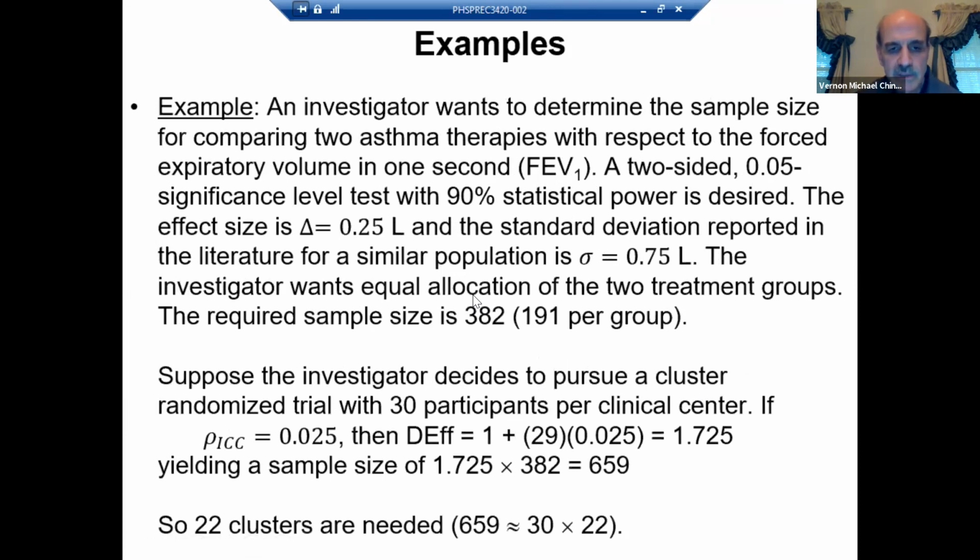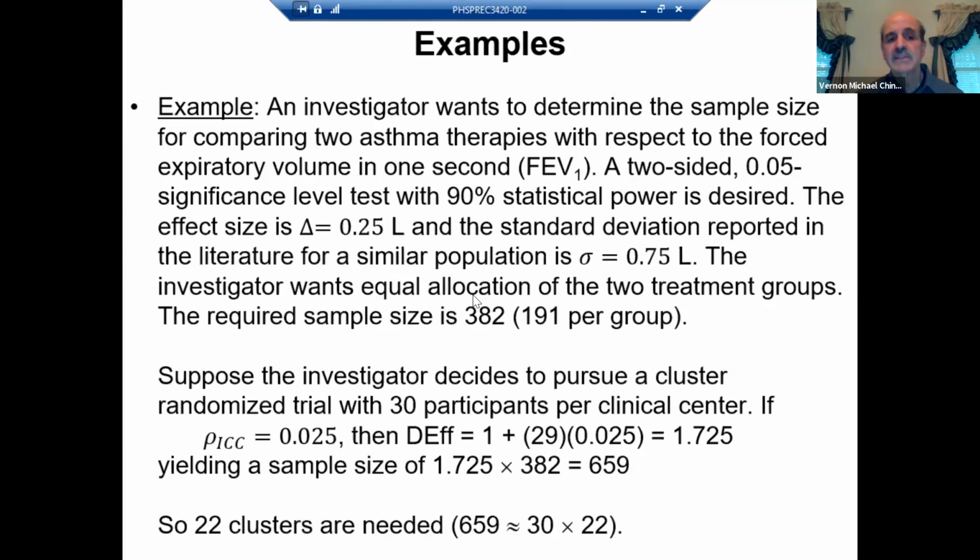Another example, this time, let's do a sample size calculation. So an investigator wanted to determine the sample size for comparing two asthma therapies with respect to FEV1, the forced expiratory volume in 1 second. The investigator was planning a two-sided 0.05 significance level, wanted to have 90% statistical power.